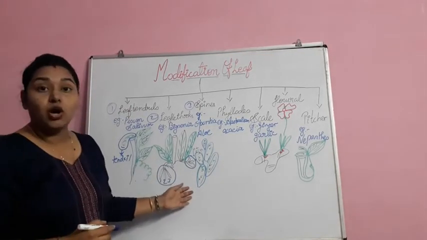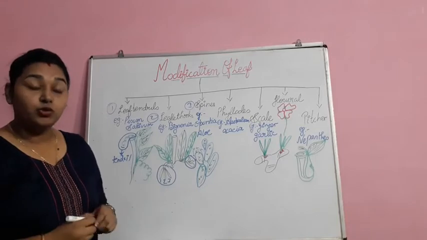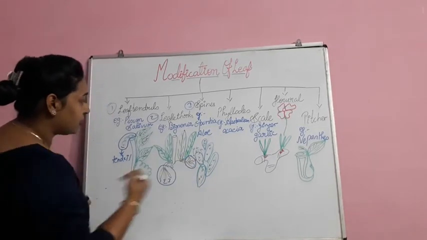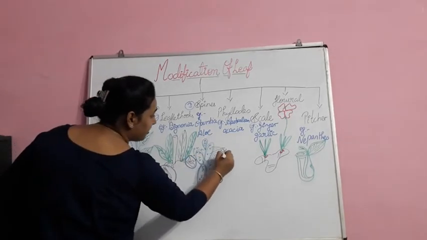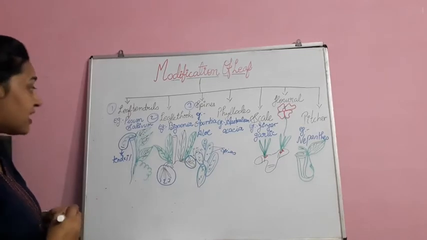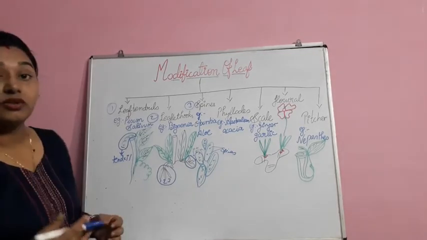The third form which they have modified into is spines. You might have seen Opuntia, a cactus plant, and you must have observed that it has spine kind of structures present on its surface. These are the spines. This is actually to prevent them from the grazers.